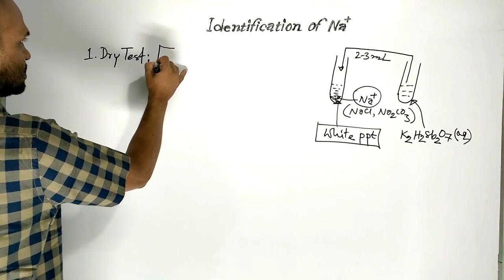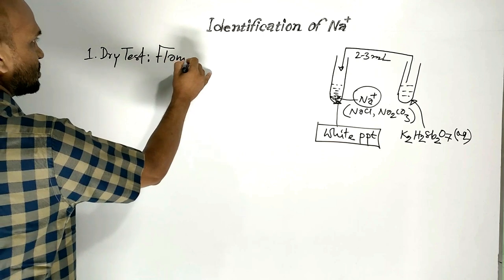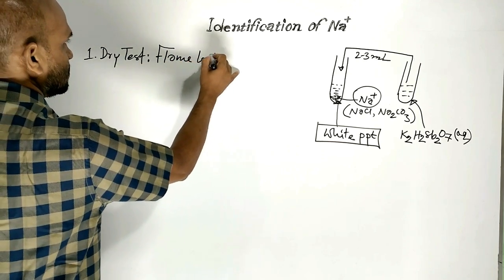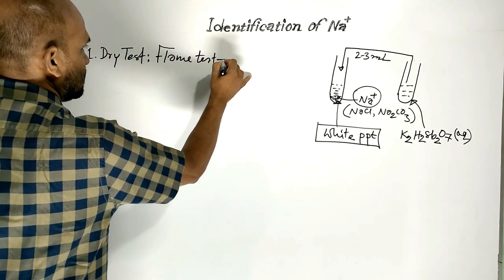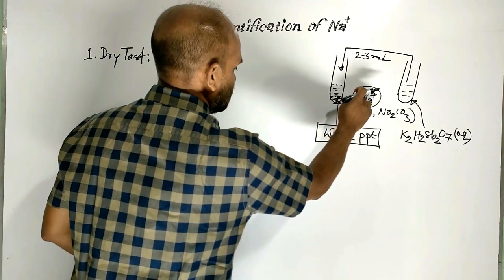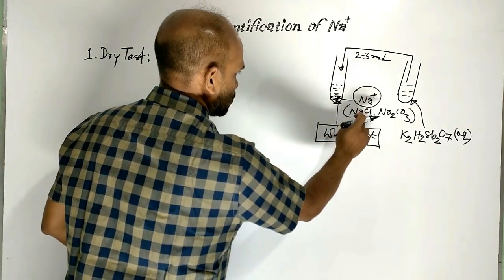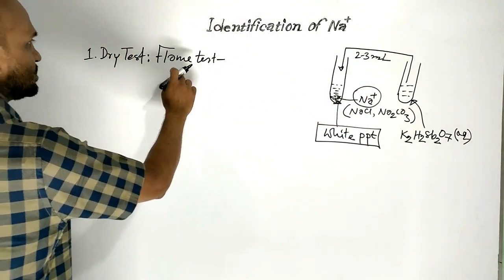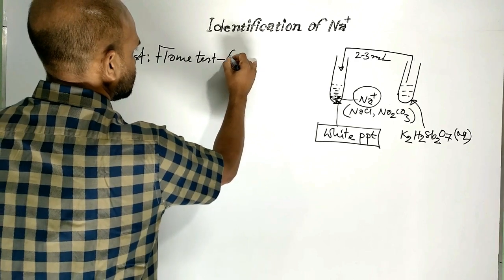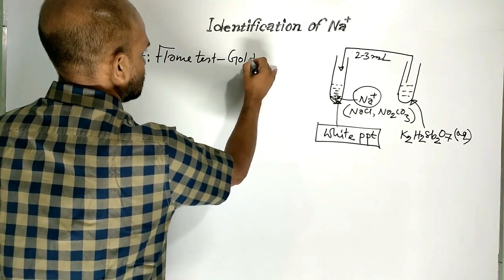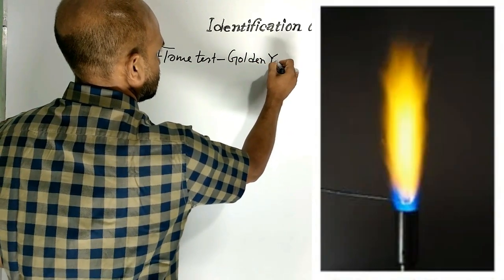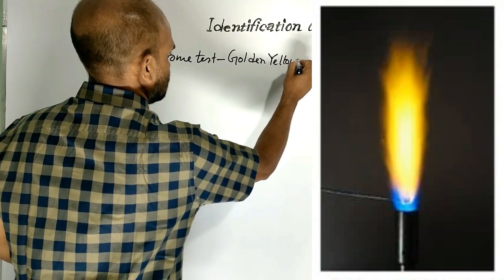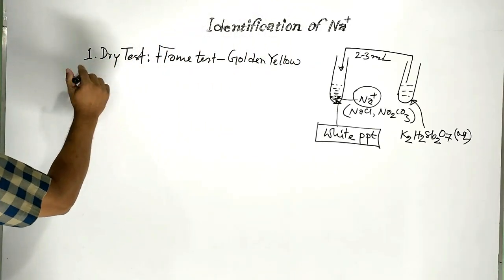Dry test is flame test. Sodium ion, that is sodium metal, in flame test produces golden yellow color. Dry test.